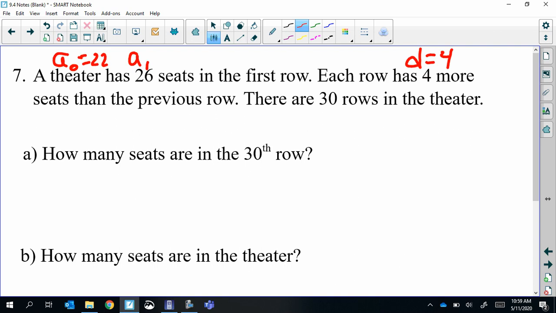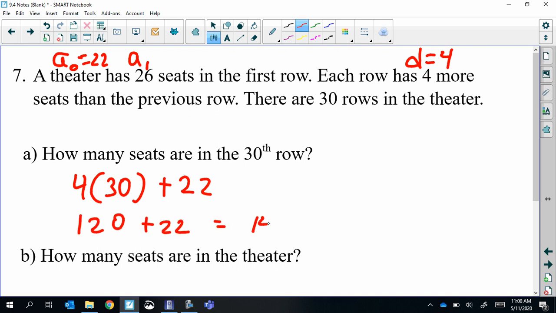So we could add on 4 to get to 26, and so on. So that's d times n plus the 0 row, which would be 22. So that's 142 in the 30th row.